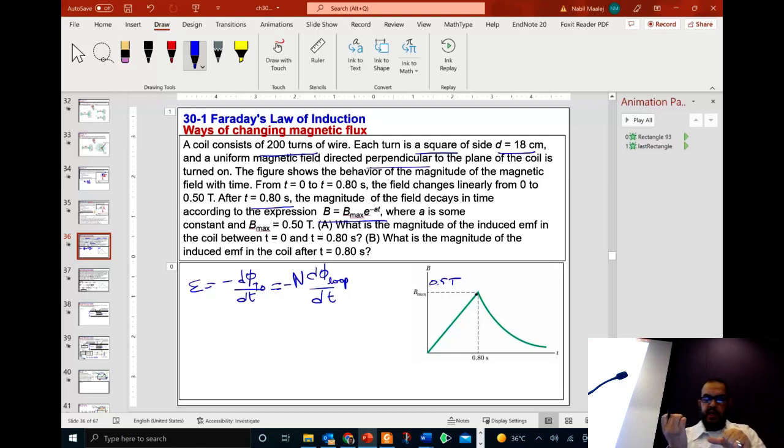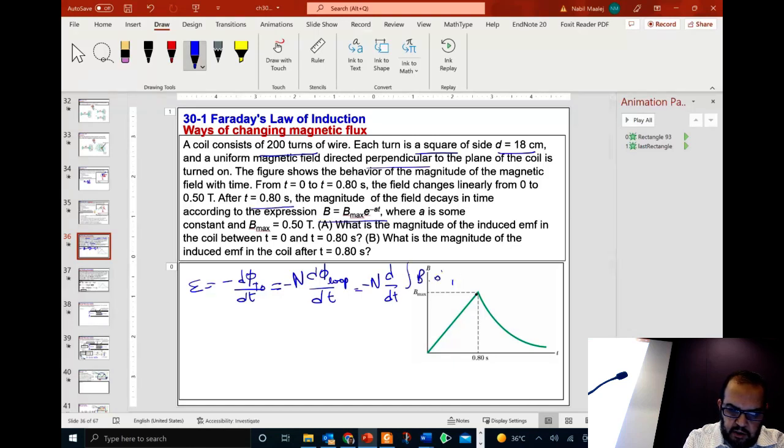We know the magnetic field is perpendicular to the surface, so the area vector and the magnetic field vector are in the same direction. So this is going to be minus N, the derivative with respect to time of the flux, which is B dotted with dA.